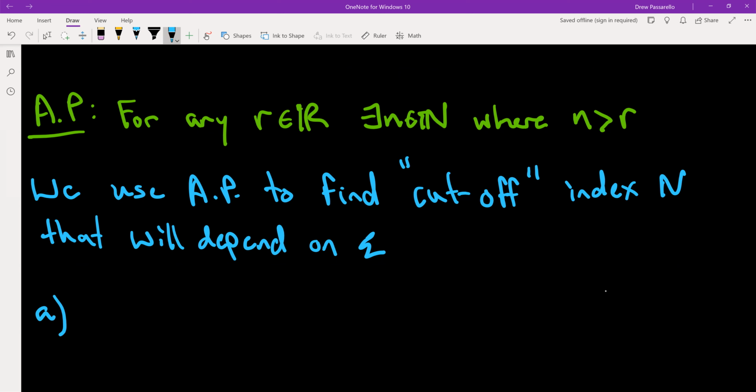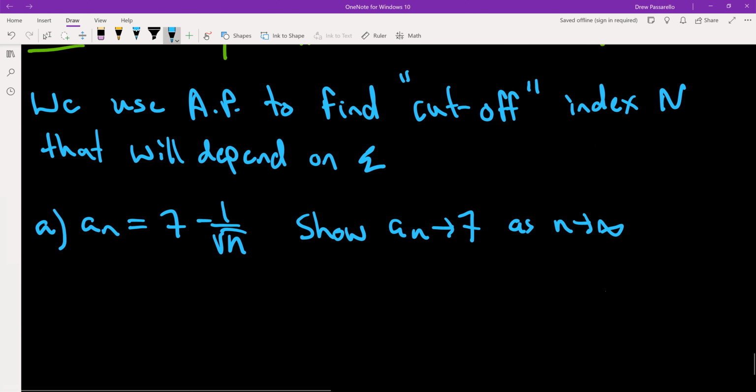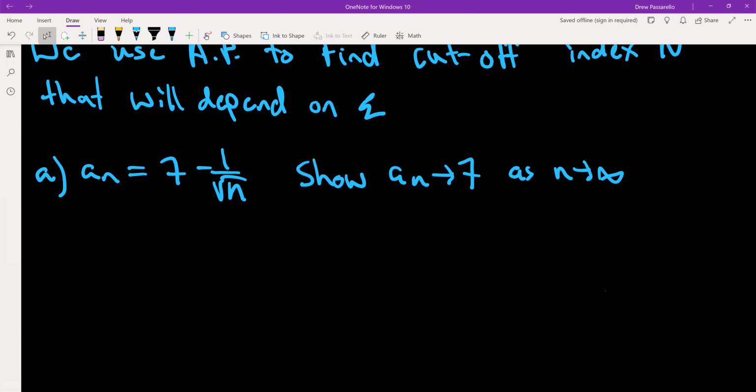So part A is we're going to have the sequence a_n equals 7 minus 1 over the square root of n. And we're going to show this sequence converges to 7 as n goes to infinity. All right, that's what we wish to show.